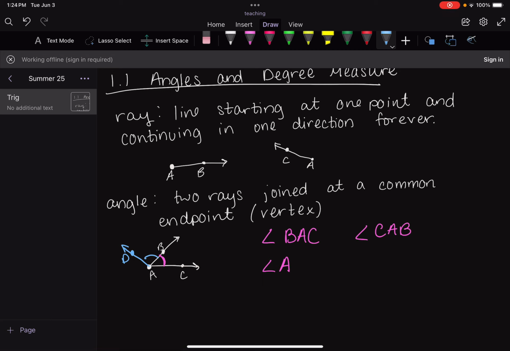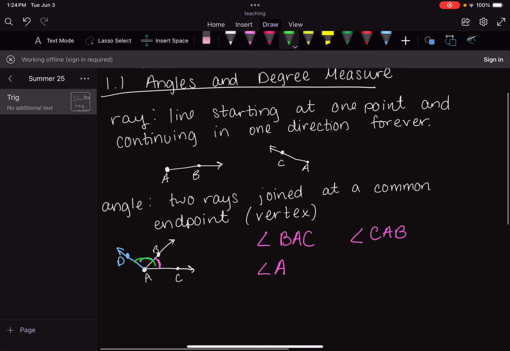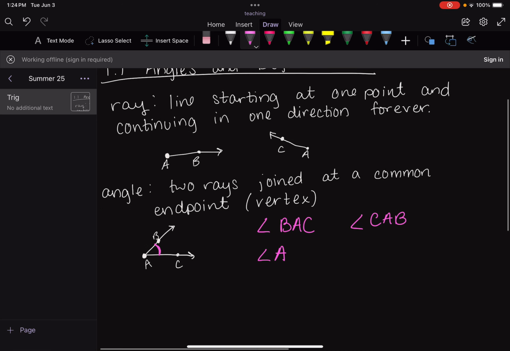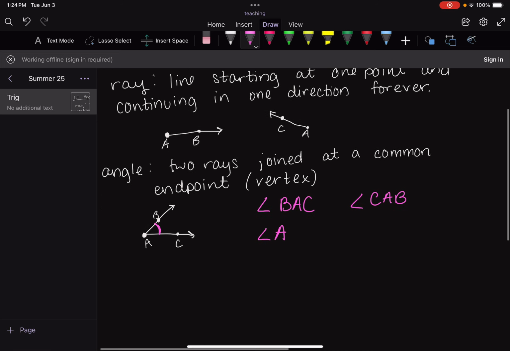Do I mean this blue angle? Do I mean this whole green angle? It can get a little confusing depending on the situation. In here, we really won't see too many of those weird cases. We'll see some though, when we do word problems and stuff.